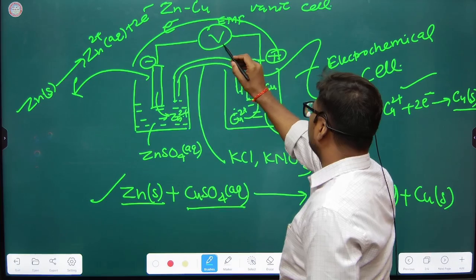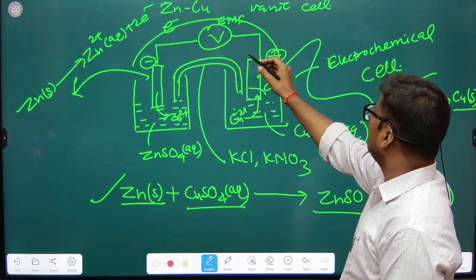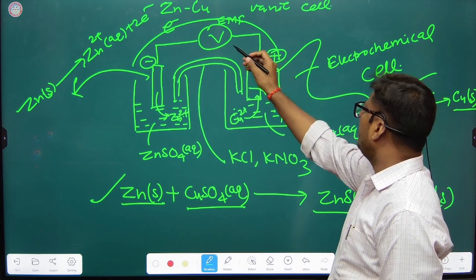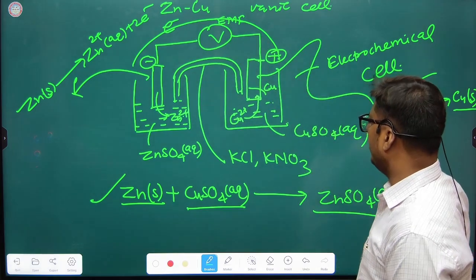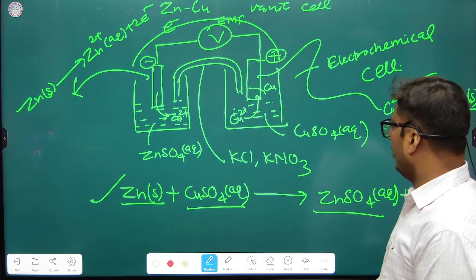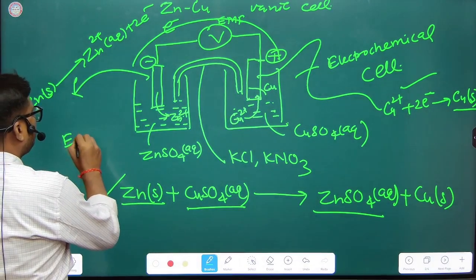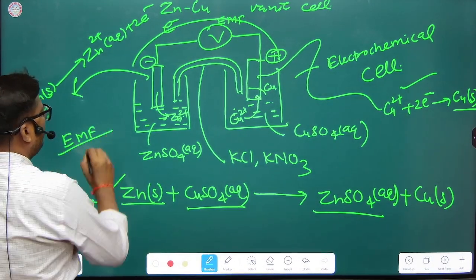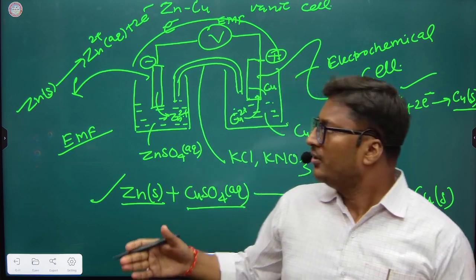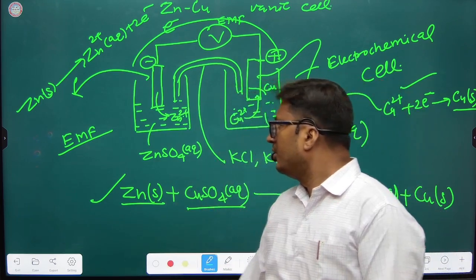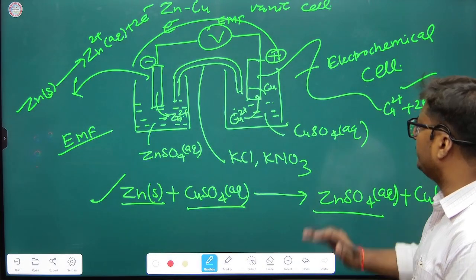So here this is V for voltmeter. That is used to measure or read the electromotive force of this particular electrochemical cell, right? So this EMF, or E cell of the galvanic cell, sometimes suffers from heat.